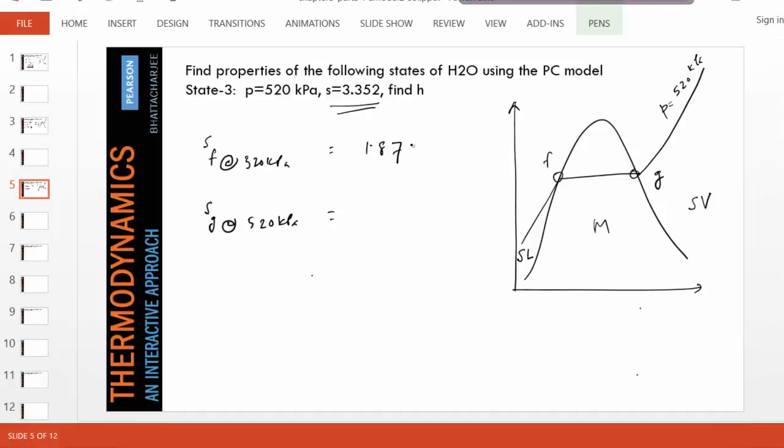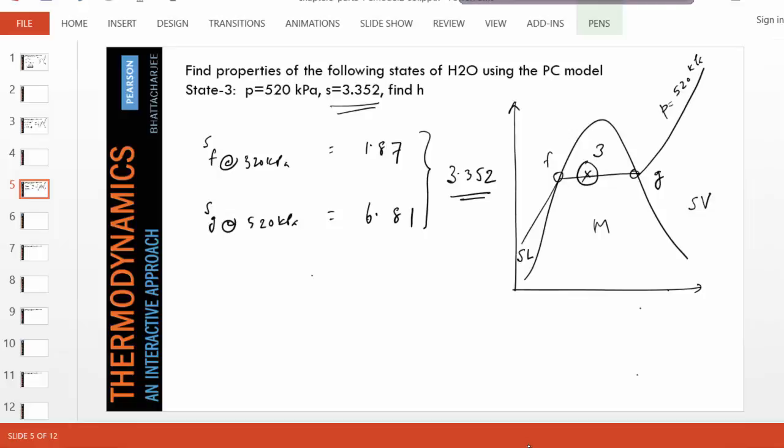We estimated SF to be 1.87 and SG 6.81. Don't bother about the unit right now because everything is SI unit. And given S is 3.352, so obviously 3.352 is in between. So we have a state somewhere here. This would be our state 3.